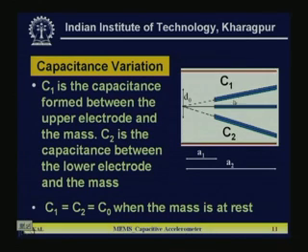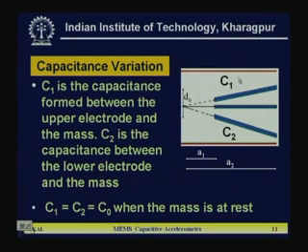The d naught is the maximum deflection from this point to this point. For example, for maximum deflection d naught, the average displacement is shown here. That means the gap change between the fixed electrode and the bottom one, how much it moves up and down, that average value is basically d naught.